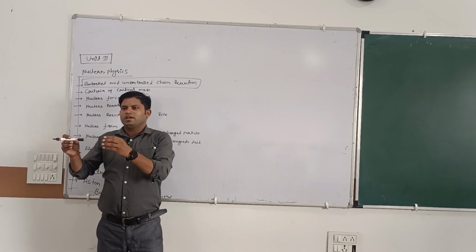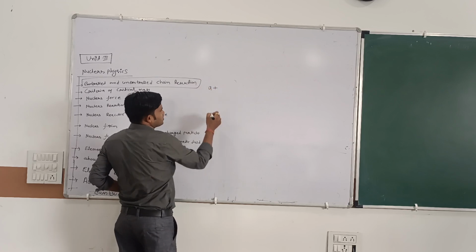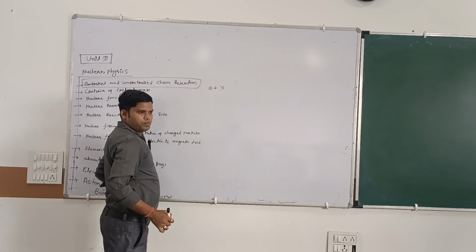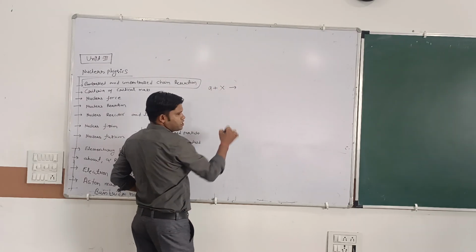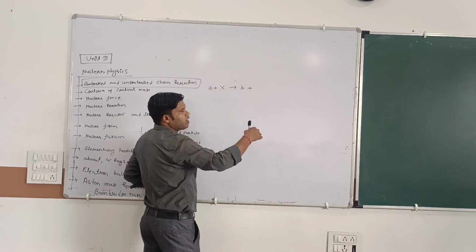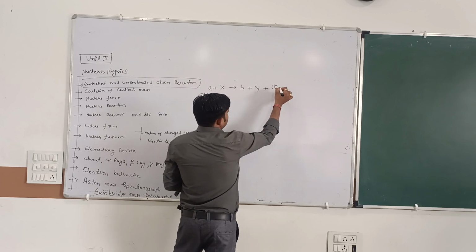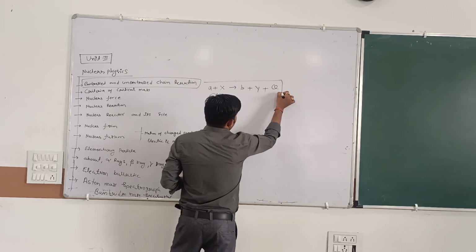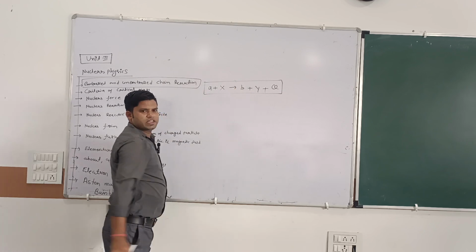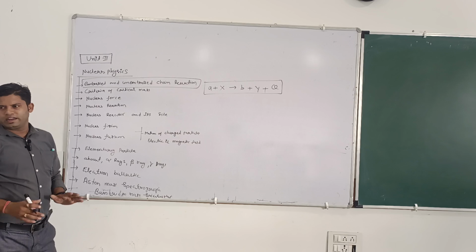Reaction means if I am taking particle A plus second particle B, adding these two gives a number B plus another value Y plus some energy. This is called a nuclear reaction.